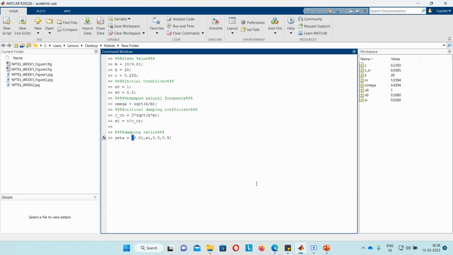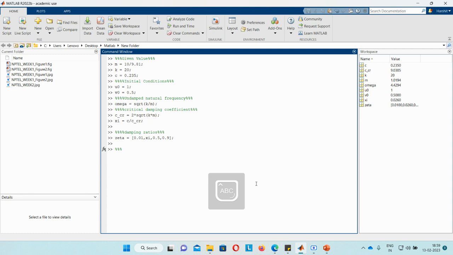In this way I have defined all four damping ratios. Just see the syntax of how we define things. This is a list where I have defined four values. It will create a matrix. You can see on the right-hand side, zeta is a list or a matrix. Now we have defined all the parameters that were given in the question and what we needed for calculation.